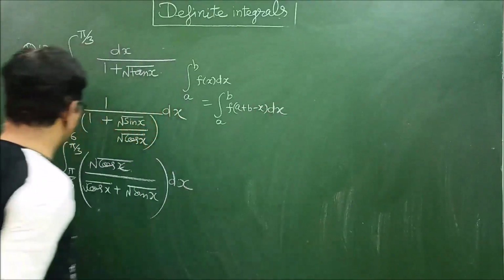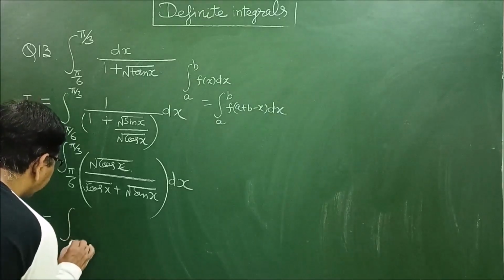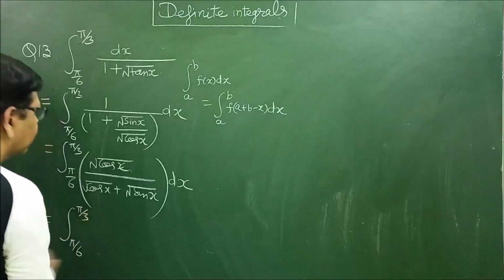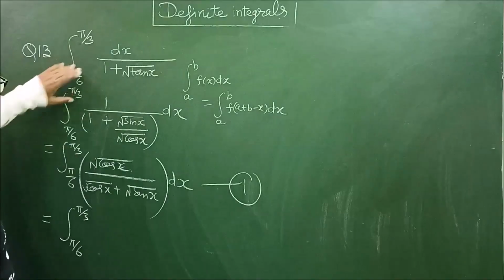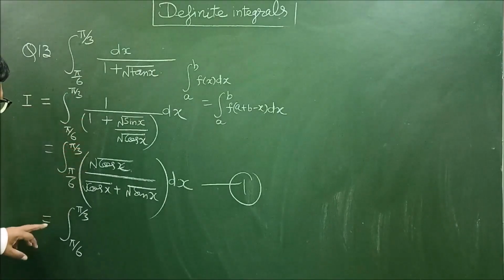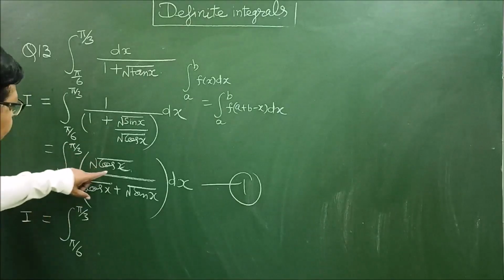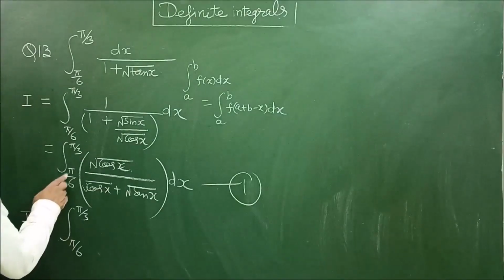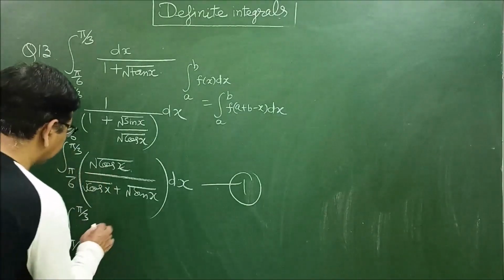So using that property we can write this, and let this be first. Now this integral will have the same value I if we replace x by a plus b minus x, so replacing x by pi by 6 plus pi by 3 minus x.